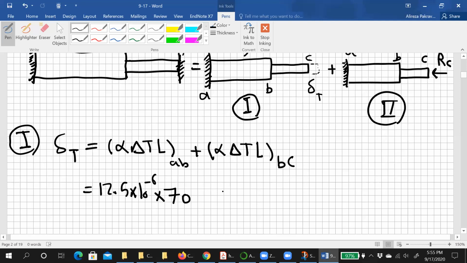2 inches. Oh, sorry. 10 inch. Length, 10 length, right. This is 10 inches. And this is 8 inches, right? Times 10 plus this one.